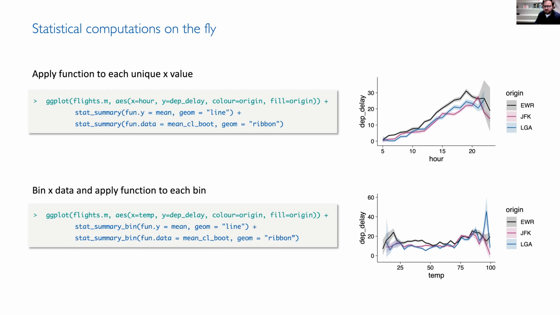We need to define bins to summarize values of the temperature. We can do that automatically with the stat_summary_bin function, where we just tell the function to bin the data, and for each of these bins, again calculate the mean and plot the result with the geometry of a line.